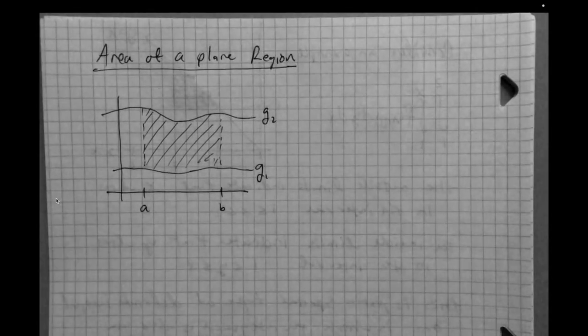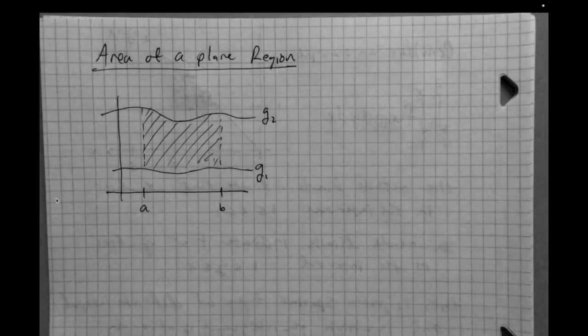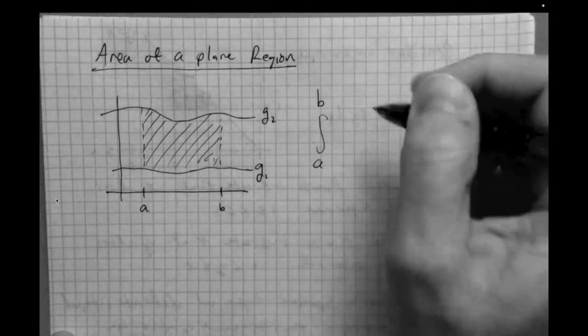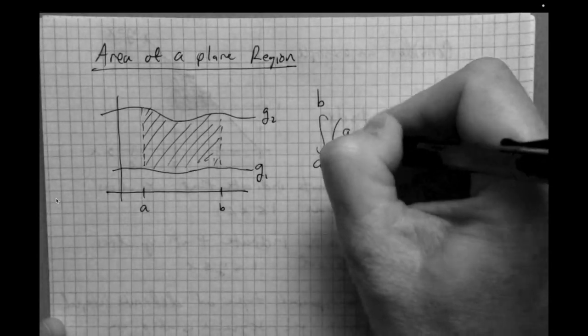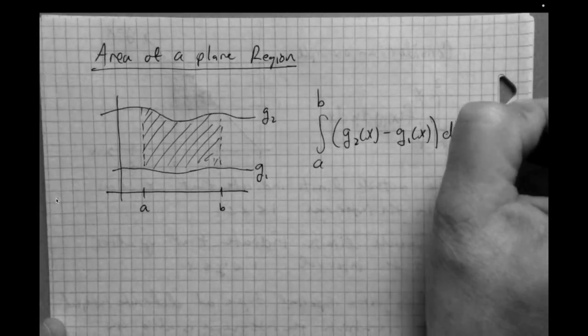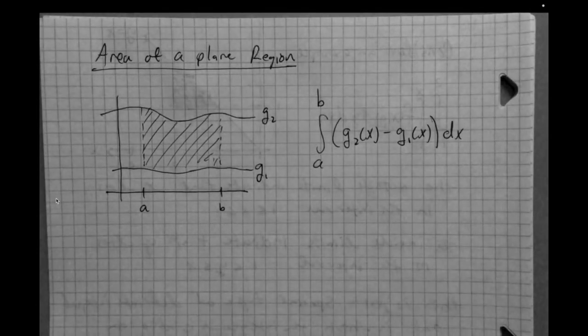We definitely know how to calculate this area using a standard integral. We would integrate from a up to b of g2 of x minus g1 of x, with respect to x. This one is straightforward. Whatever g2 and g1 happen to be, we could plug those into this expression and calculate it.